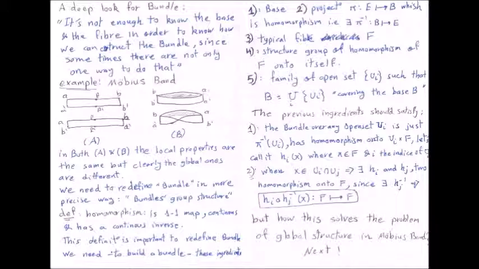The first is from U_i, which is an open set of the base, and the second is an element of F, which is a member of the fiber. So this homomorphism, let's call it h_i, x is an element of F, and i indicates the index of the open set we take. So each open set has such a kind of homomorphism.